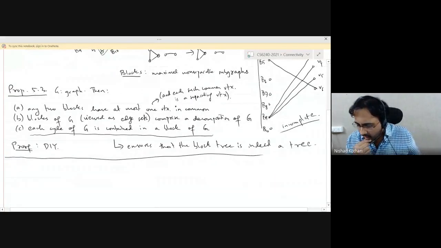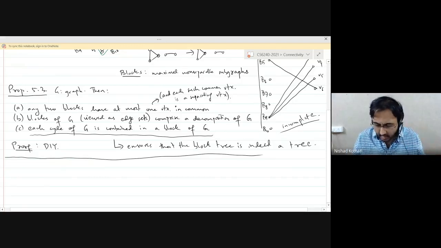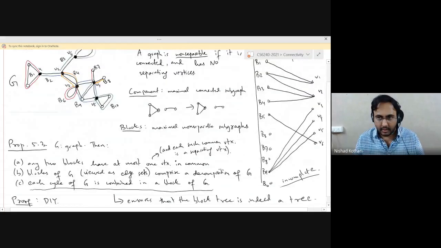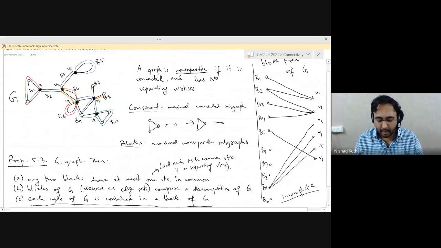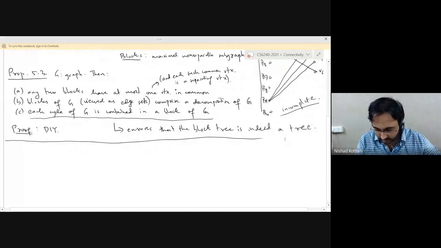There are a few more things I want to define based on this tree, because some of these things may be relevant on your next assignment. Once you have this tree, you can define the concept of an end block. An end block is a block which is a leaf in this tree. So let's put that down.